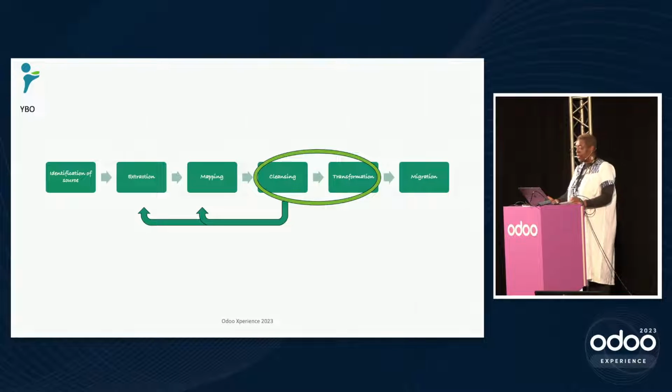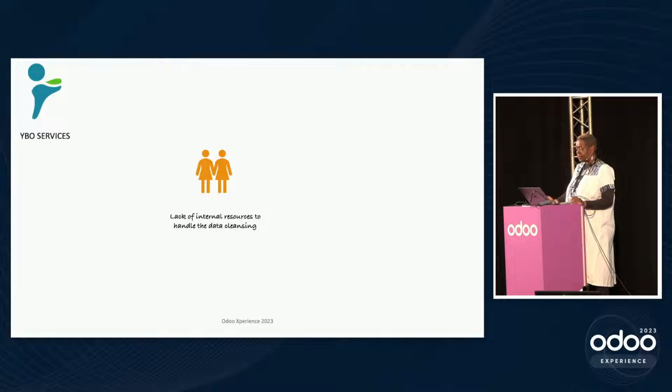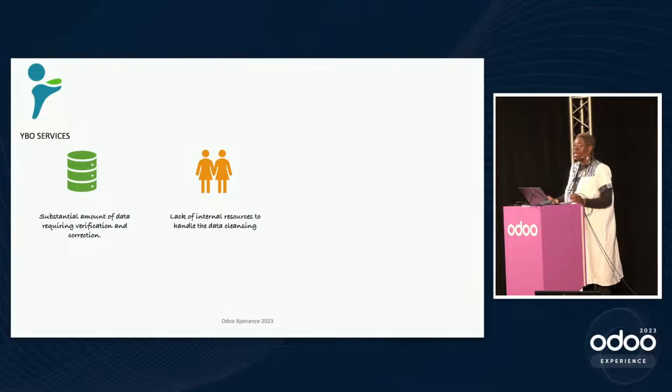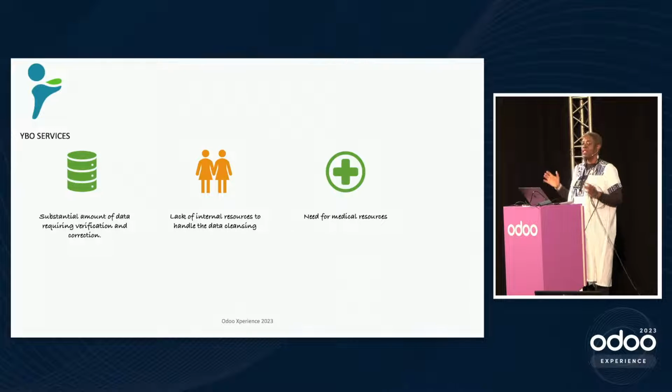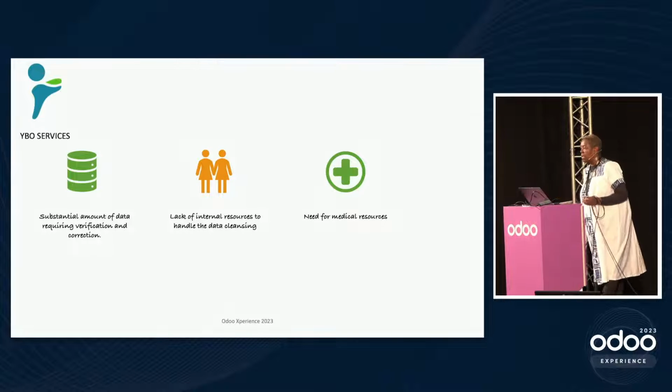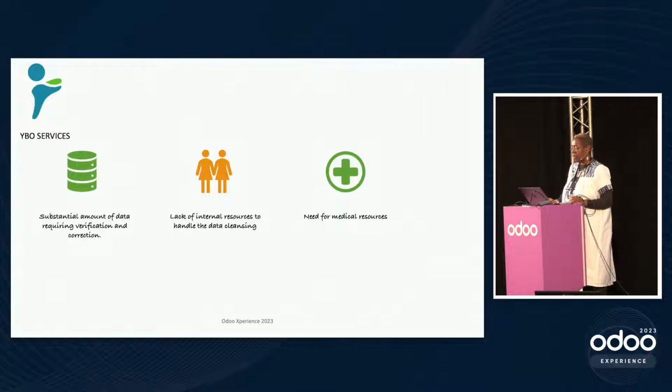So I said to them, okay, let's look at the situation. We know that you have a lack of people. The second thing is you have a high number of data that you have to cleanse. And the third thing is you also need medical personnel, highly professional.